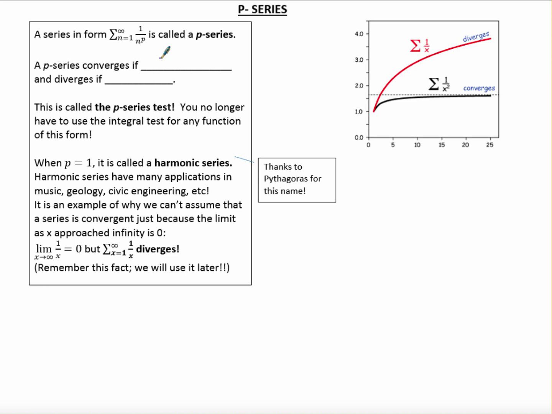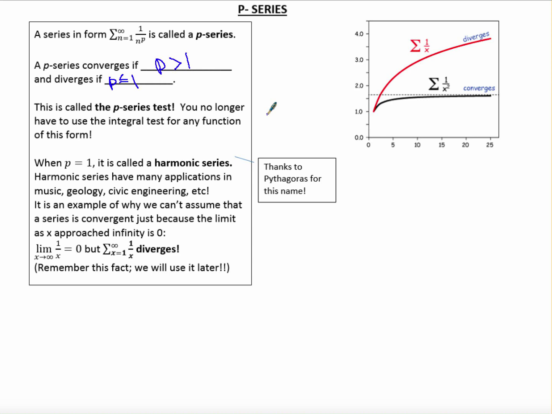When you see a p series, again, something that's in the form where you've got your x or your n to the p power, so some kind of power, then you can just call this the p series test. And it converges if the exponent, or your p value, is greater than 1, and it diverges if your p value or your exponent is less than or equal to 1. And there you go. So new tests that came from the integral test.